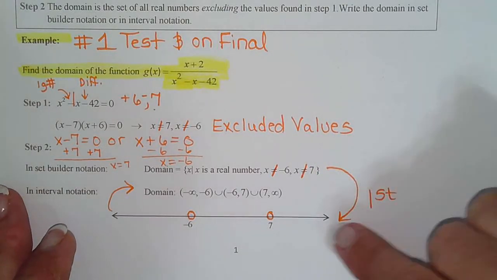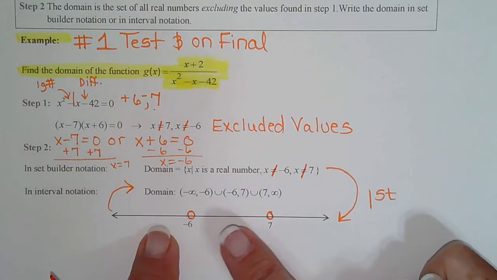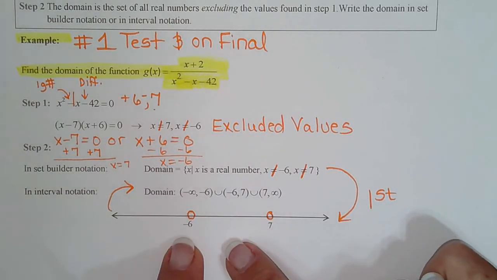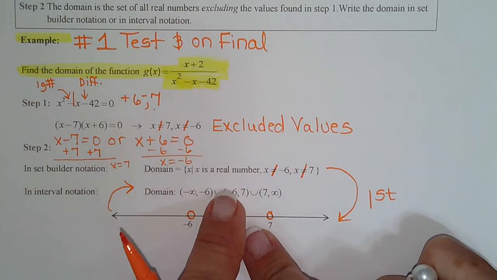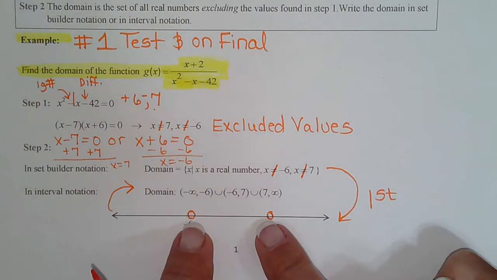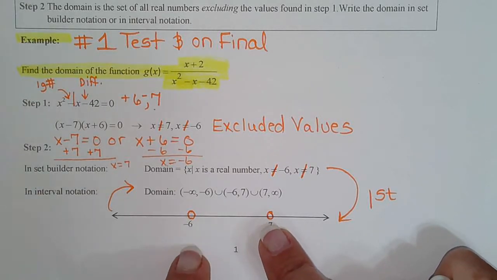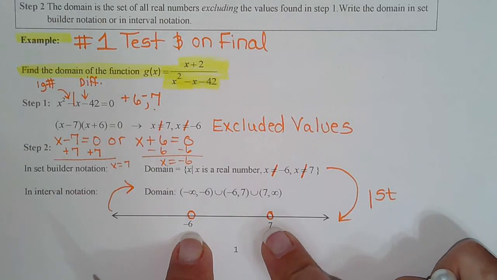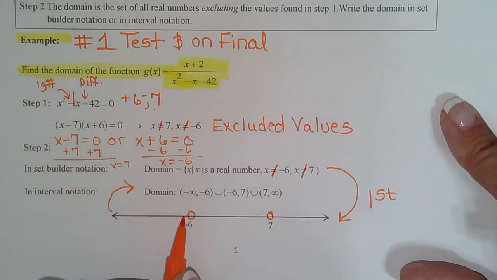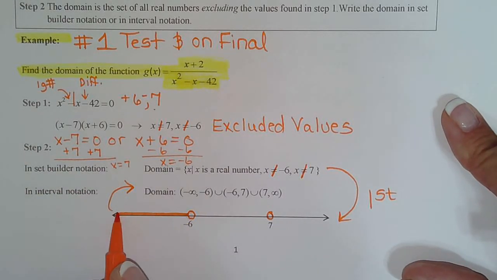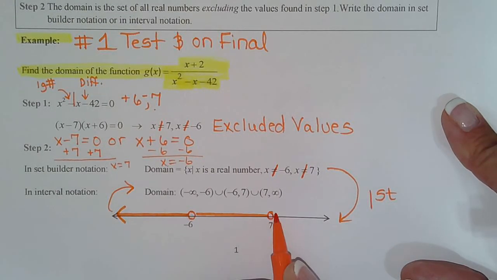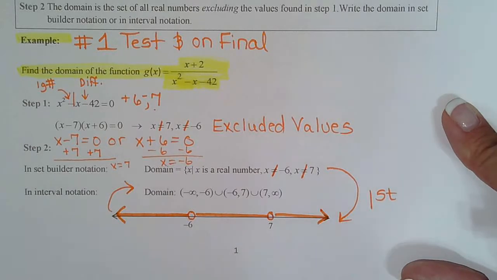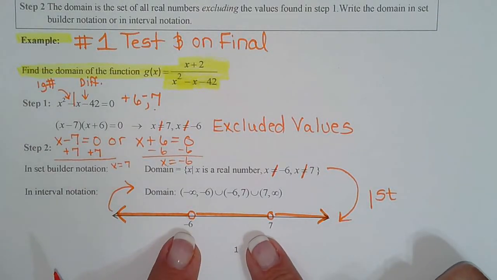So if Alex asks you to write this first, just on your own paper, do your graph first, then write that. So these little open circles mean don't include negative 6, don't include 7, because they make my denominator undefined when I include them. So everything else on the number line works except those 2 values.